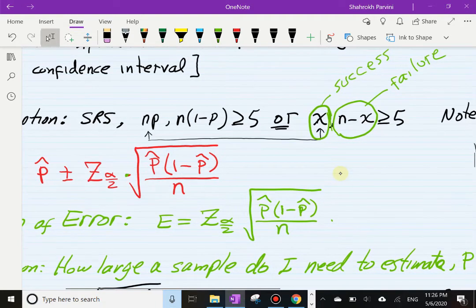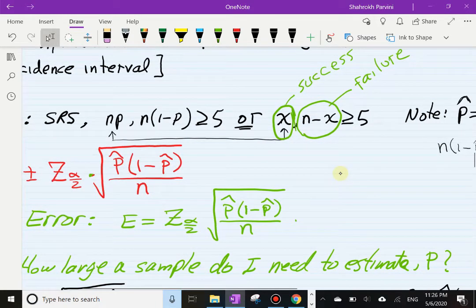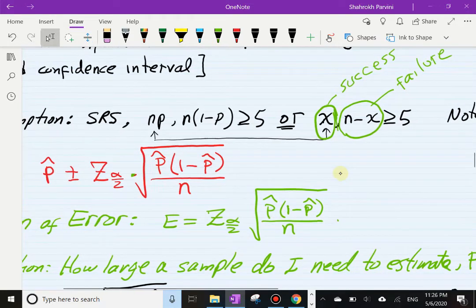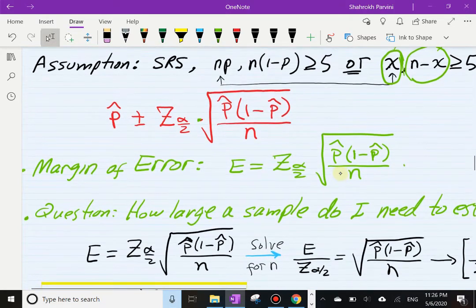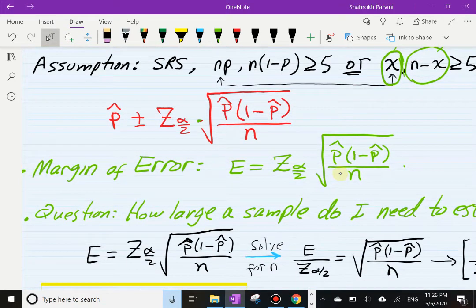How large a sample do I even need if I want to estimate any population percentage? Like, for example, I want to know what percentage of people default on student loans. How large a sample do I need in order to make that estimation? Well, the answer actually lies within the margin of error.